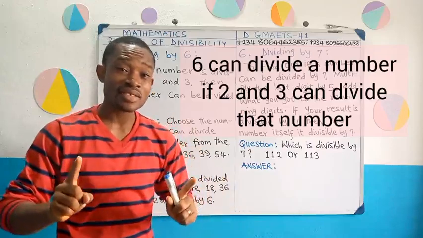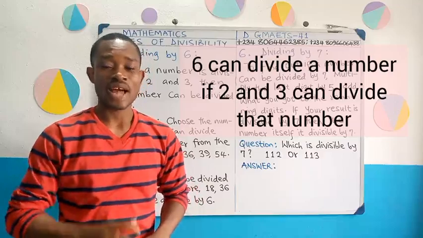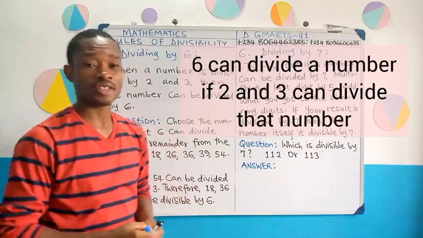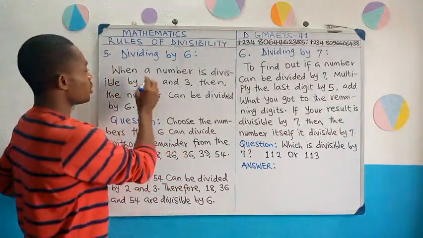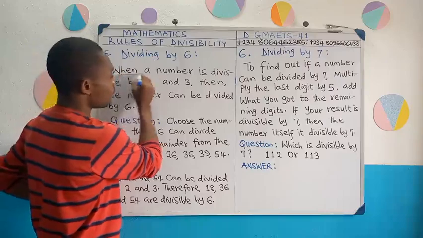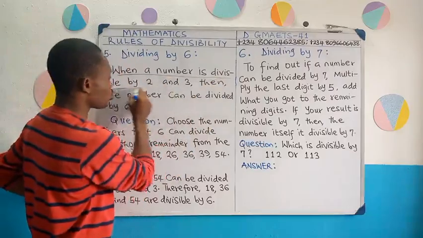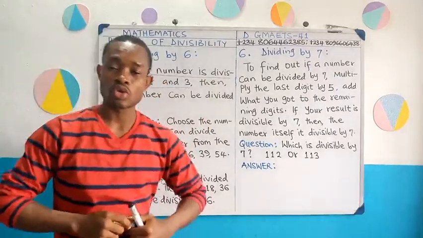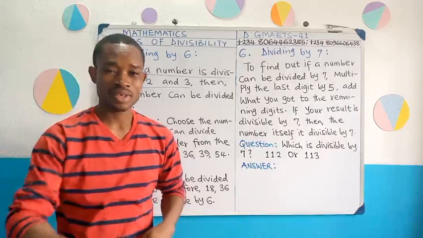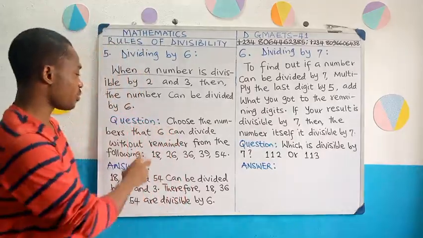If that is the case, it means that 6 can also divide the number. Alright, let's underline the main point. When a number is divisible by 2 and 3, then it means that the number can also be divided by 6.